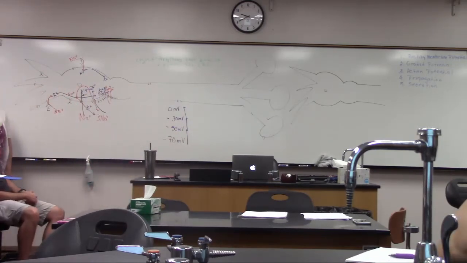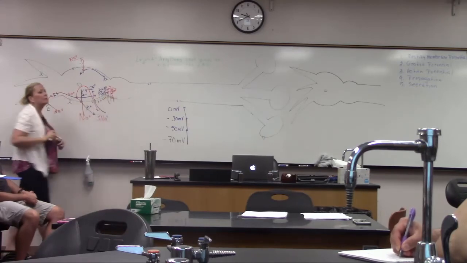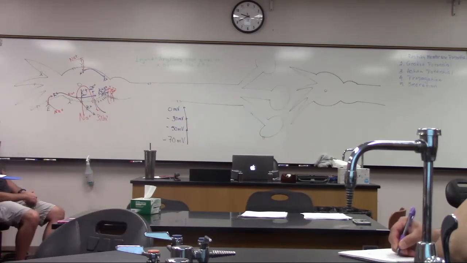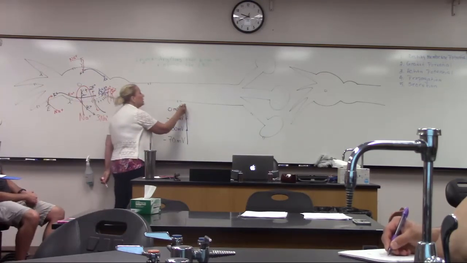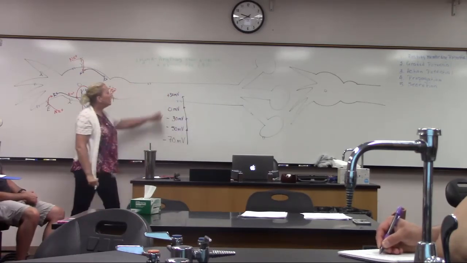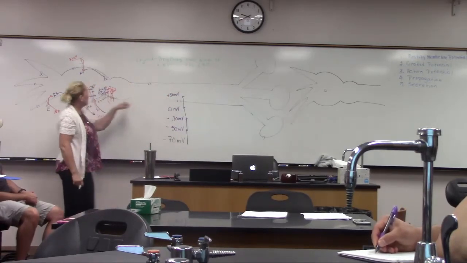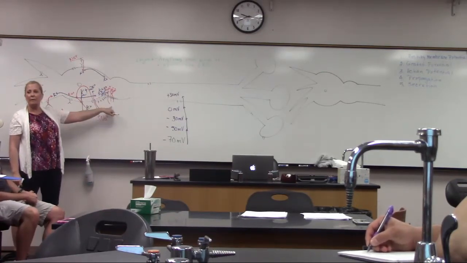This is a positive feedback. It continues where the voltage rises, more gates open, more sodium diffuses in, which causes the voltage to go up, and more gates open, more sodium diffuses in, which causes the voltage to go up, until we hit plus 30 millivolts. Now notice it's a plus sign, so that means there's way more positive charges inside now than outside.